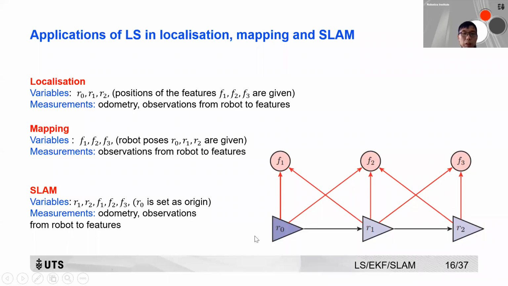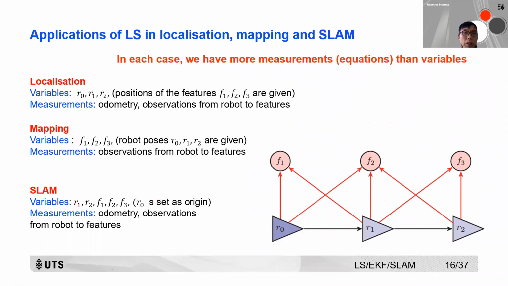And the measurements contain odometry and observation. So in each case, we can see there are more measurements than variables, so we can formulate the problem as a least square optimization.